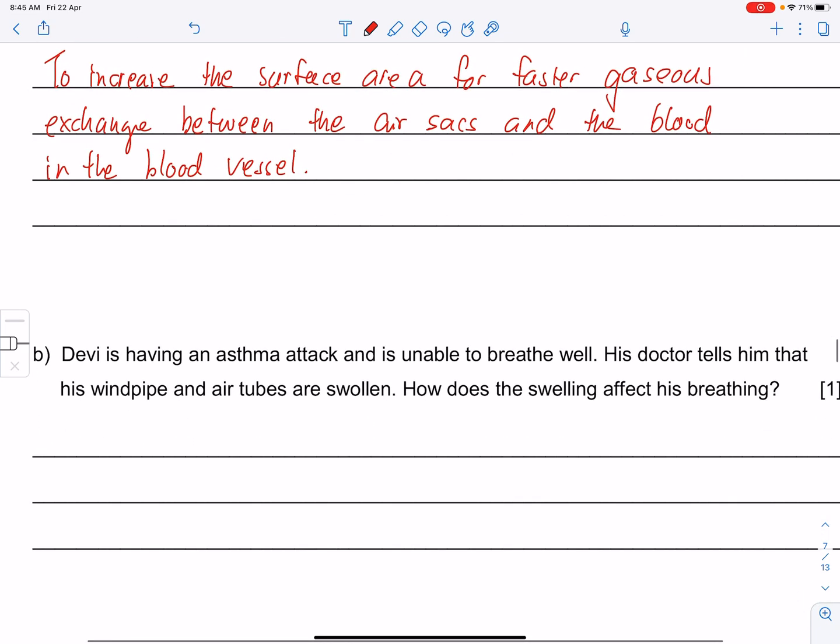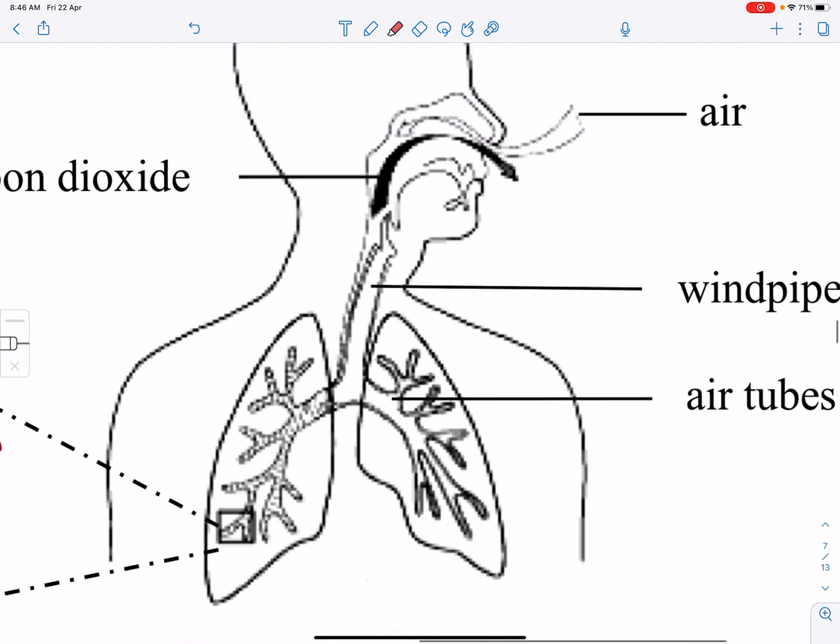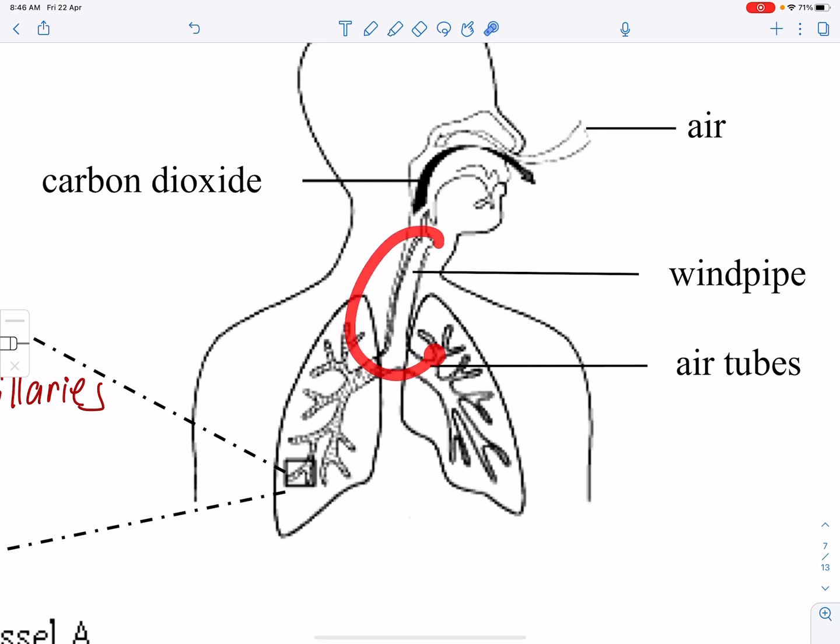Next, Debbie, okay, this other question is a question that wasn't done very well, so I'm going to spend a little more time on this. Debbie is having an asthma attack, is unable to breathe well. His doctor tells him that his windpipe and air tubes are swollen. How does swelling affect his breathing? So to understand this, let's go back to this diagram to help us. So this is your windpipe over here. You imagine now that your windpipe is swollen.